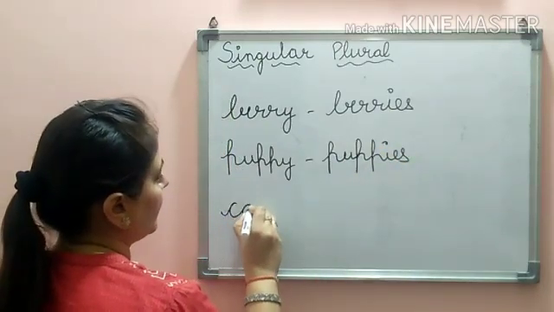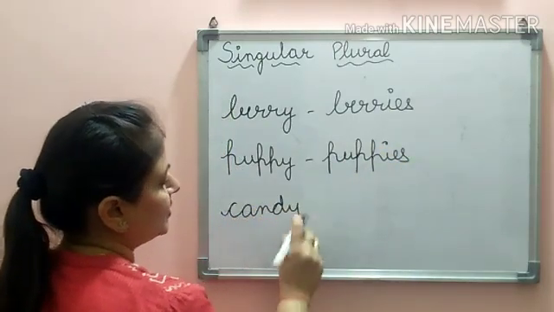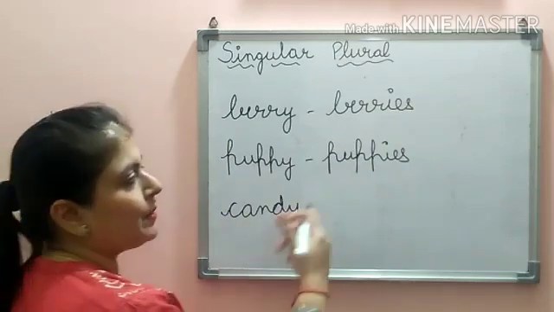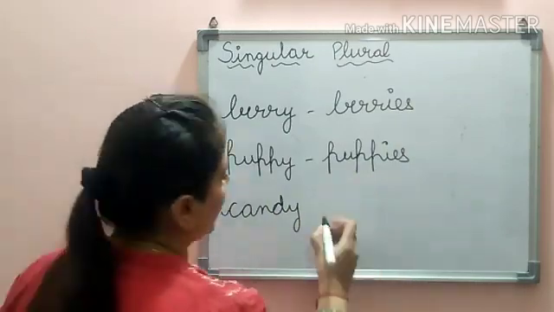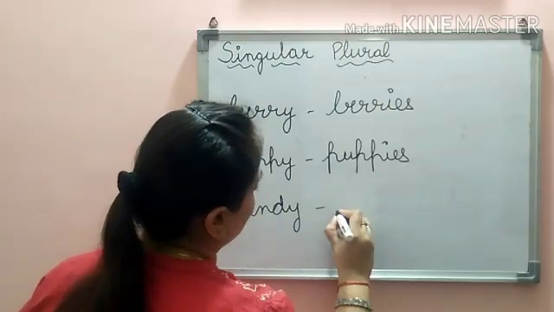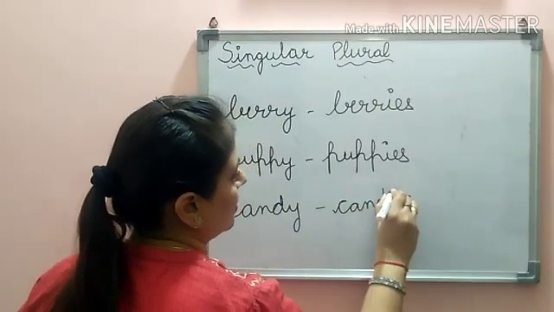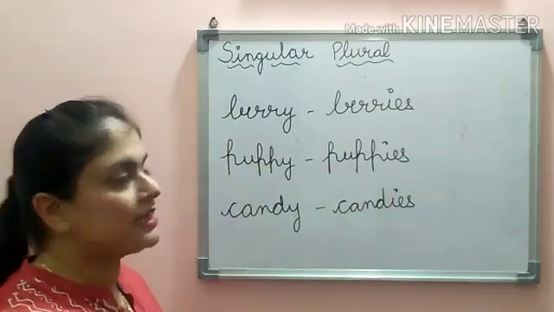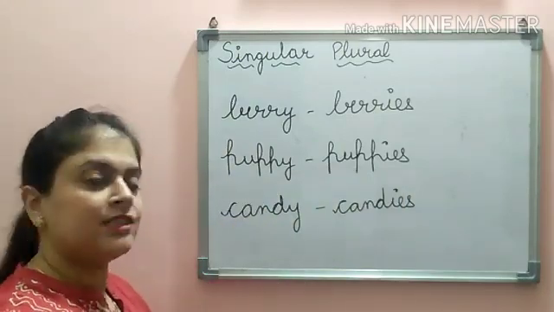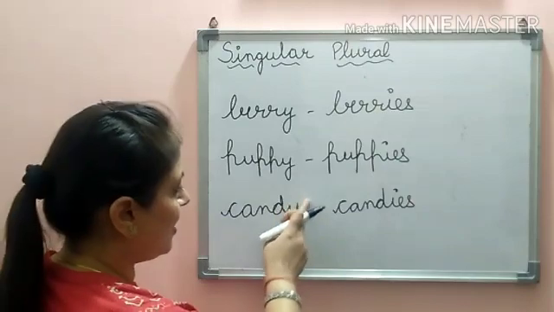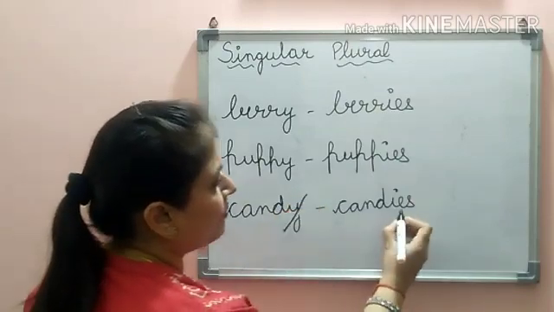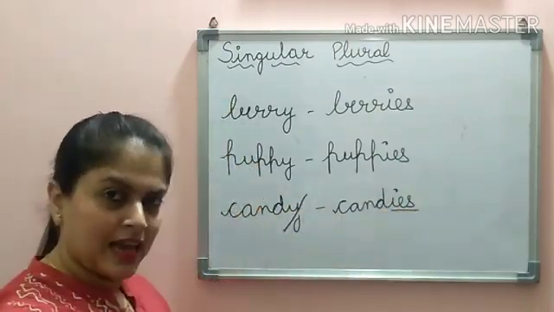Candy, simple, I have to remove y and I will be adding ies to make it a plural naming word. Candies. I hope till here the concept is clear that simply we have to remove y, and we have to add ies.